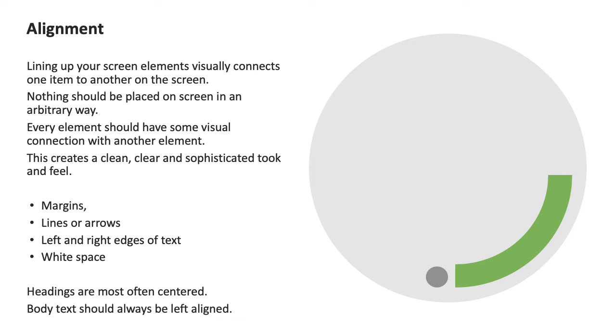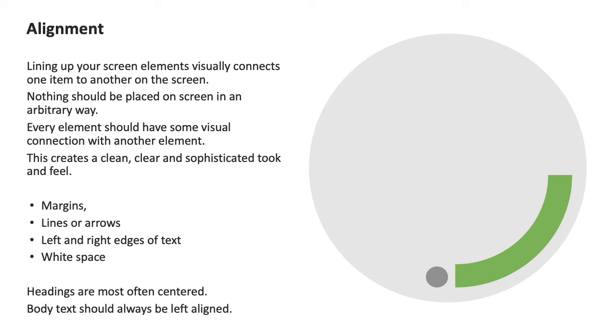Alignment means how you line things up vertically and horizontally. Now, this does not mean that everything has to be exactly square. You may choose to have a more casual or asymmetrical alignment if that meets the rhetorical needs of your audience and the message.